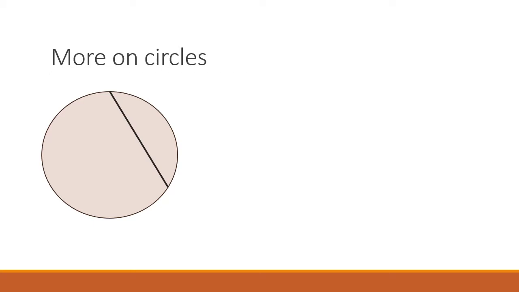So finally, some more concepts about circles. Some terminology that I want to set up. Let's say you have a circle. If I connect 2 points, it's called a chord. Now, if the chord goes through the center point, or simply the center, we call this the diameter.